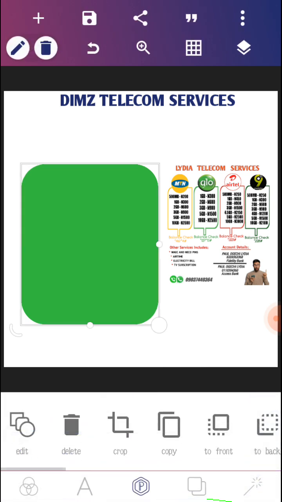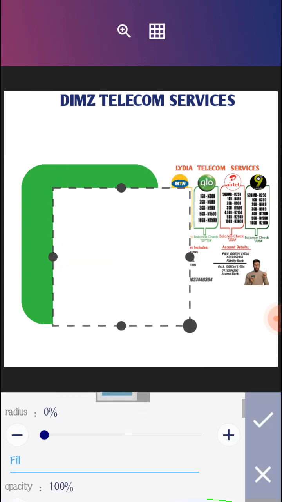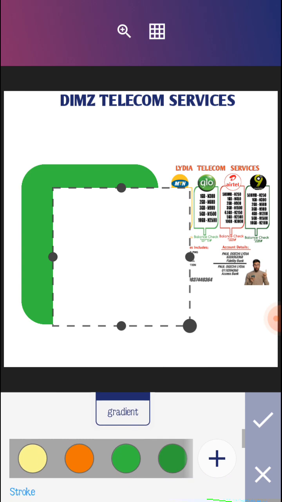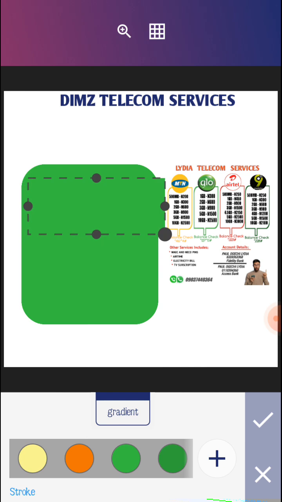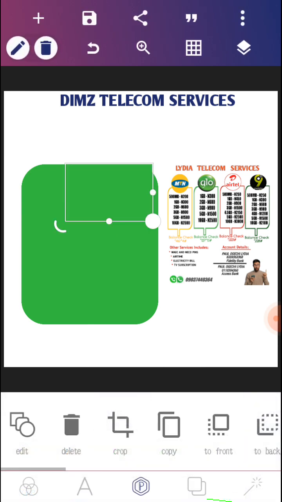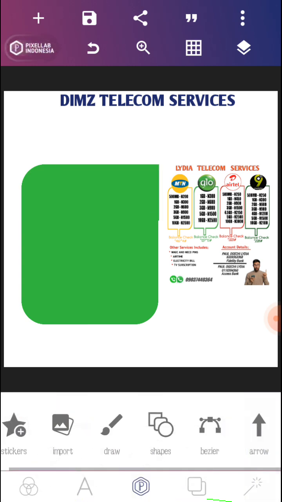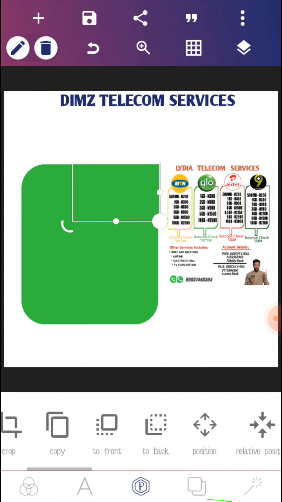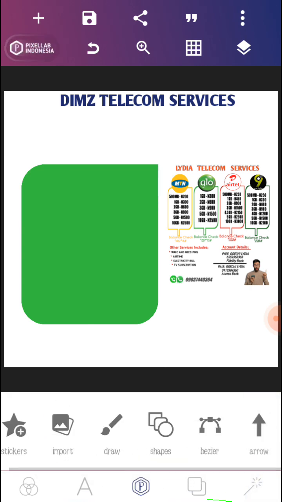Then here I'll make another shape. This color again. Then I'll reduce it. I'm trying to get this shape now. So position it, position it to try to get it to be equal. You see it now.